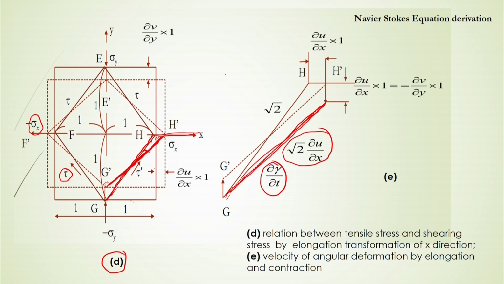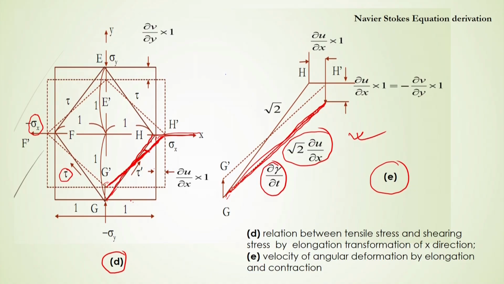Now, the velocity of the angular deformation by the elongation is represented in figure E. In this case, you can also consider contraction instead of elongation. In the same way, the same angle of deformation will happen when it contracts under stress, and in the other way it will be elongated at the same angle.